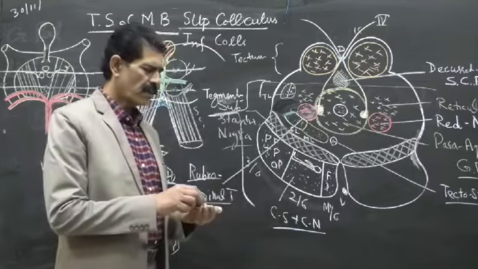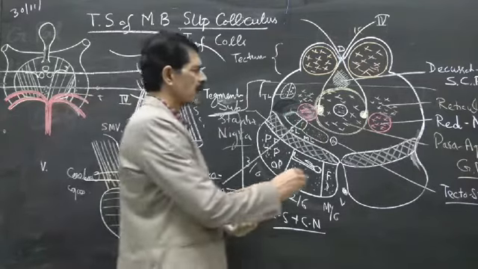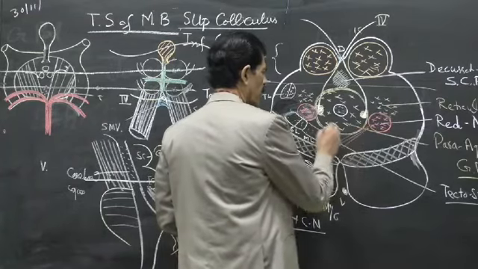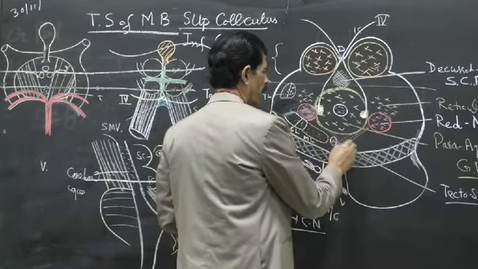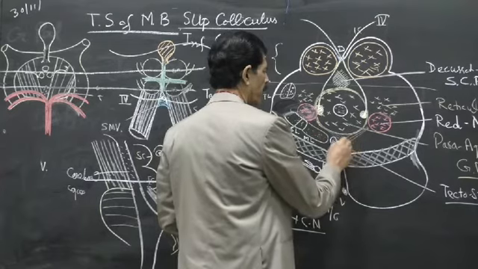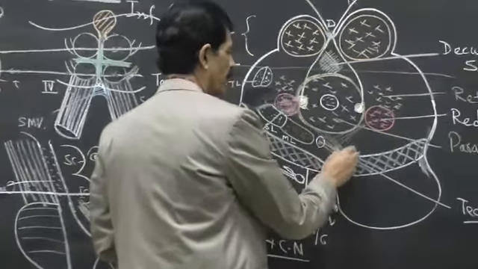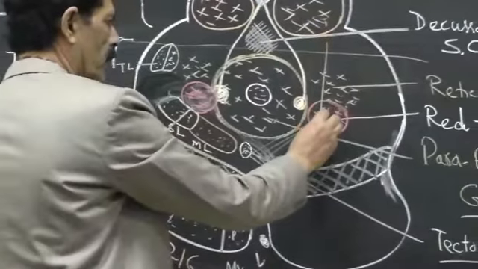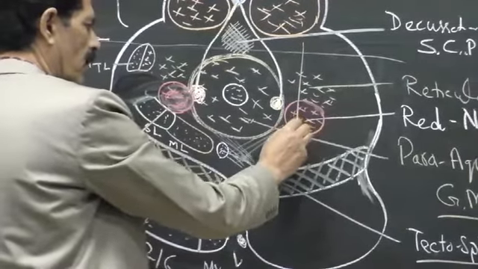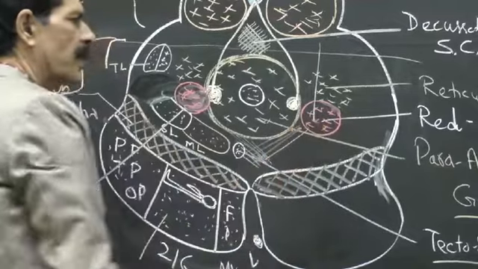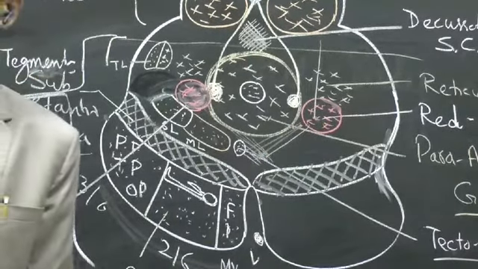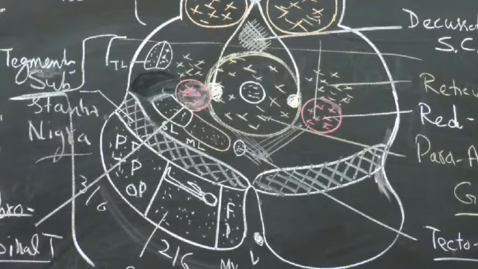Then the axons starting from the red nucleus cross in the ventral part of the tegmentum, because these fibers from the red nucleus, after receiving from the cortico-rubral fibers, now descend into the lateral column of the spinal cord as the rubrospinal tract.